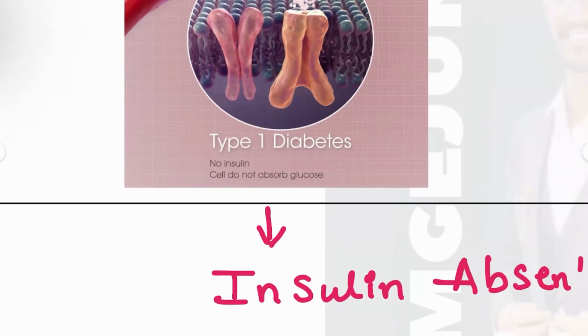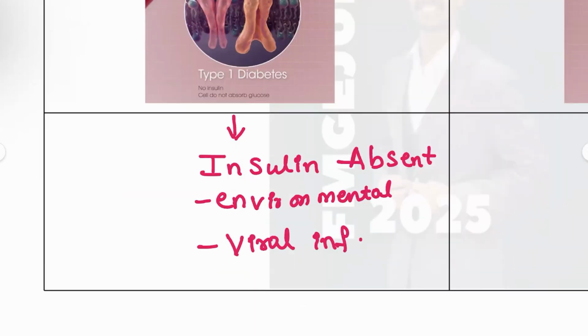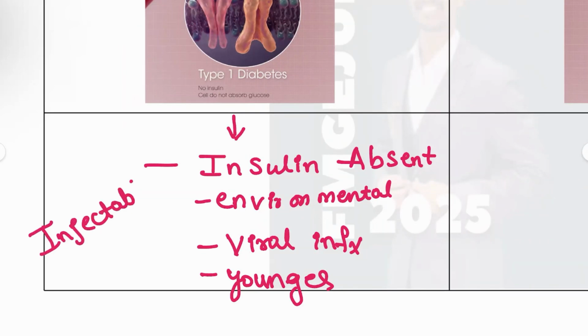This could be due to environmental factors or viral infections. Mostly this is seen in younger individuals. Since the insulin is completely absent, these people mostly need injectables as treatment. Oral drugs are not going to suffice for this patient. Completely the insulin is absent in type 1 diabetes mellitus.